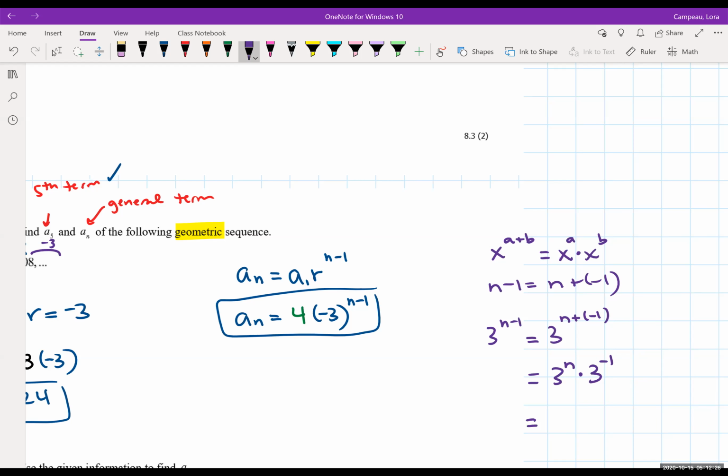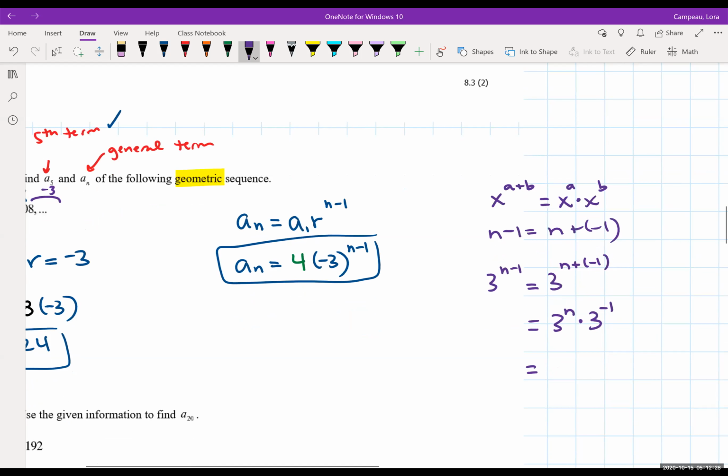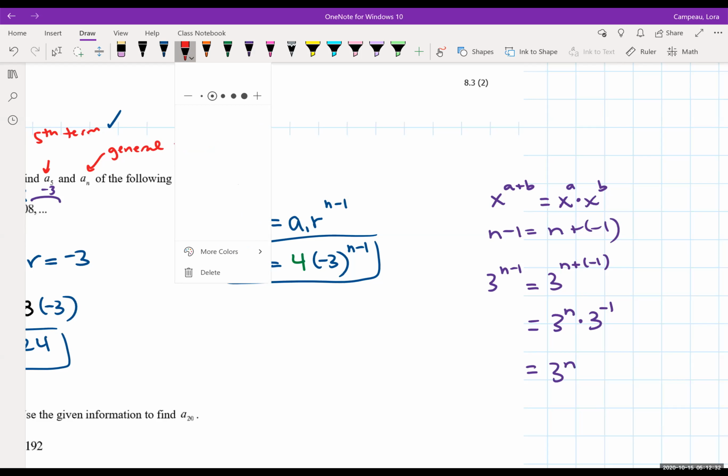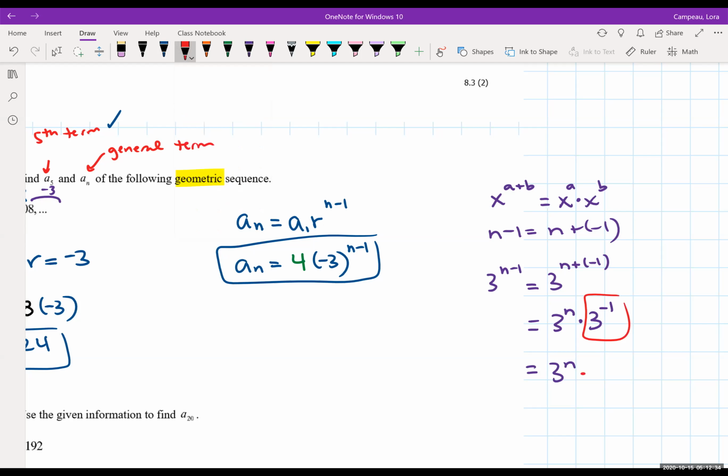If you remember some negative exponent laws, we can take 3 to the negative 1, and that's like saying 1 over 3 to the first power. And so an alternative version, if you were interested, we can take our particular problem, negative 3 to the n minus 1.